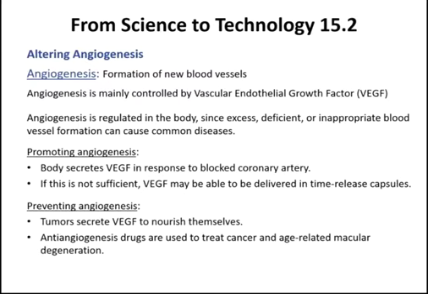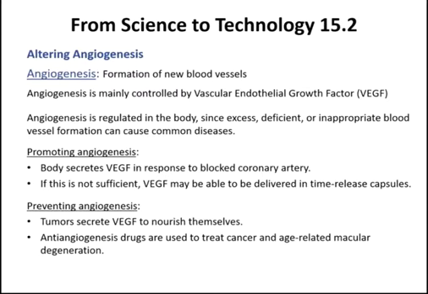The body will secrete VEGF in response to a blocked artery, let's say a coronary artery, or other types of blockages in our circulatory system, and we might actually grow a pathway around it. If it's not sufficient, you can medically take additional VEGF in tiny release capsules to help us potentially solve the problem by growing some more blood vessels or fixing that blood vessel by stimulation with this chemical.